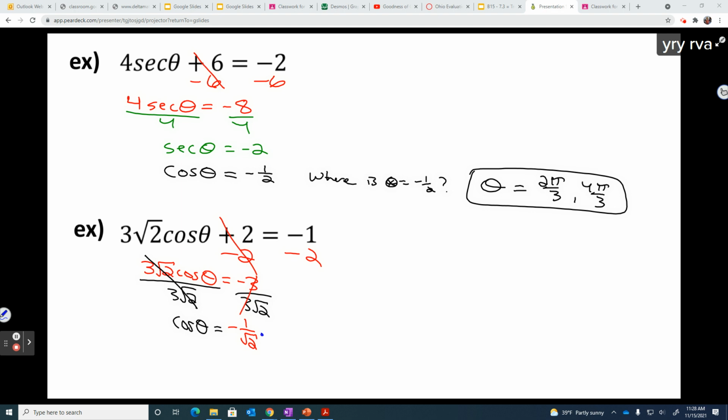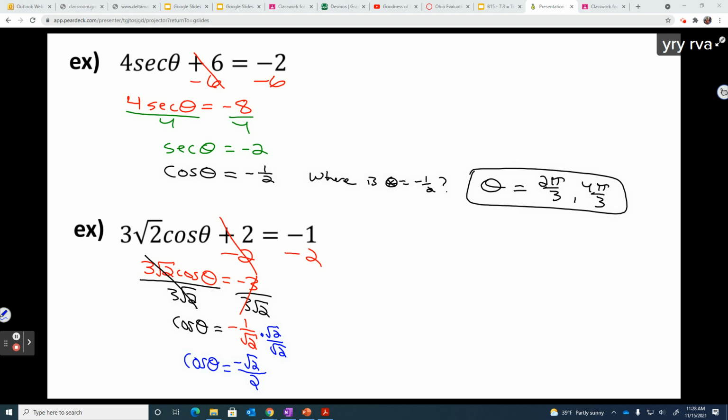To do that, we'll multiply by radical 2 over radical 2. So we get cosine of theta. On the top, we just get negative radical 2, right? And on the bottom, they cancel and give us just 2. And that looks more like something we actually get, right? Negative radical 2 over 2.